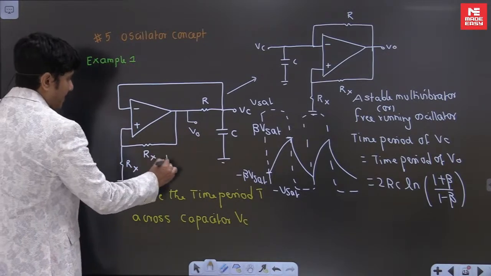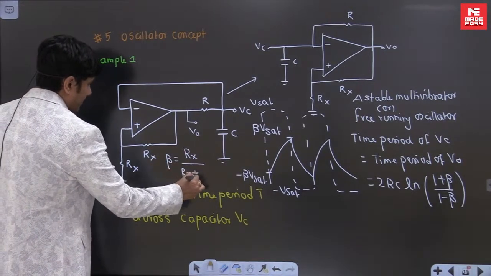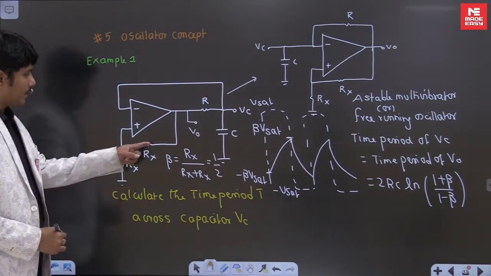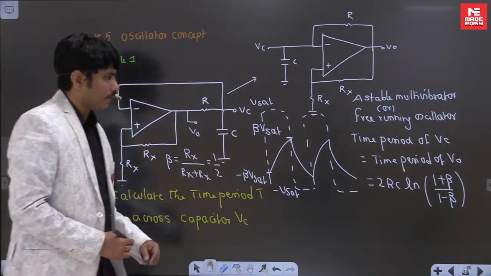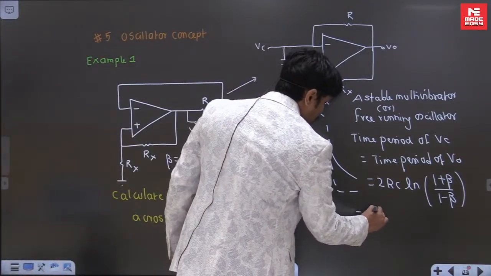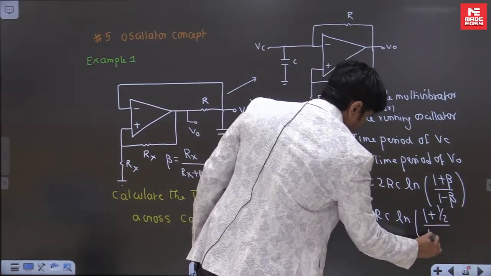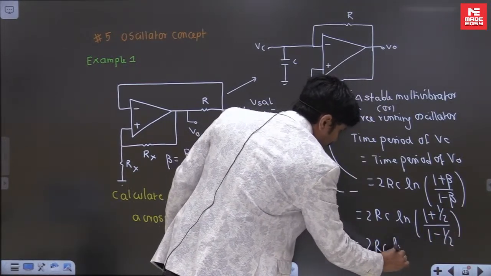Your beta is nothing but voltage division rule, Rx by Rx plus Rx, which is equal to 1 by 2. The feedback fraction is 1 by 2 we are getting. So if you keep this 1 by 2 here, it is 2RC ln of (1 plus 1 by 2) by (1 minus 1 by 2), which is equal to 2RC ln of 3.